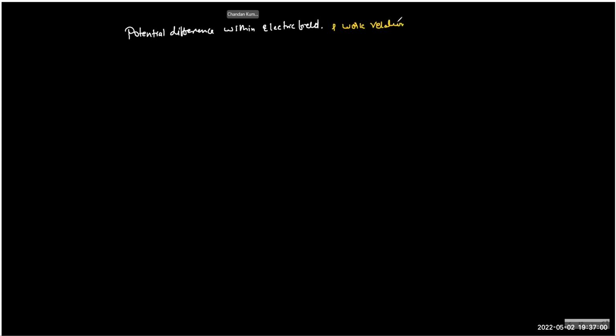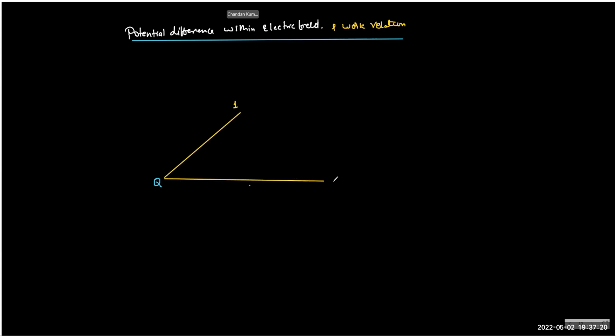There are so many relations. So the whole idea is, if you have a charge, let's call it Q, we know it will create potential everywhere, right? So I choose two random points, 1 and 2.